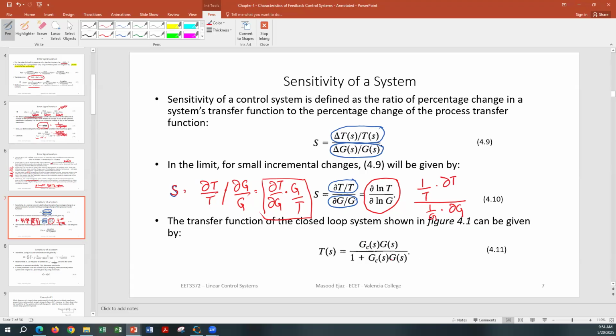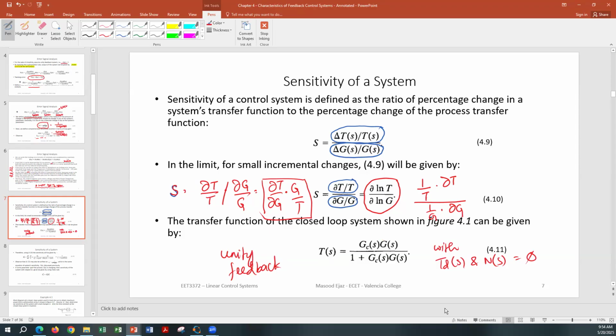The transfer function, if it's a unity feedback system, can be given by Gc(s)G(s) over 1 plus Gc(s)G(s), and this is only with Td(s) and N(s) equal to 0. Only R(s) is present in the system.